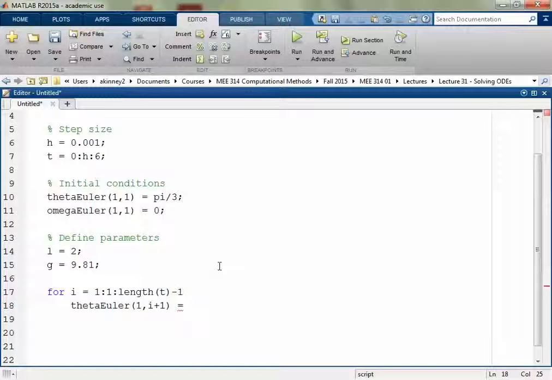So that's our new value of theta, which is equal to the previous value of theta, theta Euler 1 comma i, plus my omega at i, so that's omega Euler 1 comma i, multiplied by h, which is my step size.